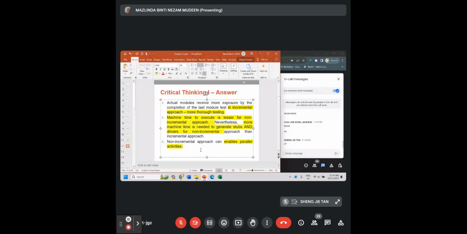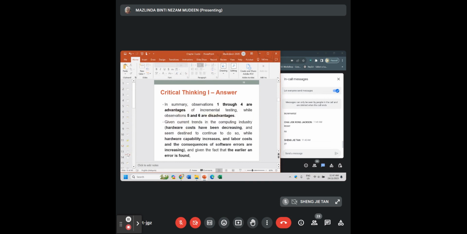So we cannot do parallel testing activity because we need to wait for one module to be tested first, then it can be combined. Until then, that particular module cannot be tested yet. So for point 6, the advantage is for the non-incremental approach because it allows parallel testing activity compared to the incremental approach. Okay, got it? Can you understand?